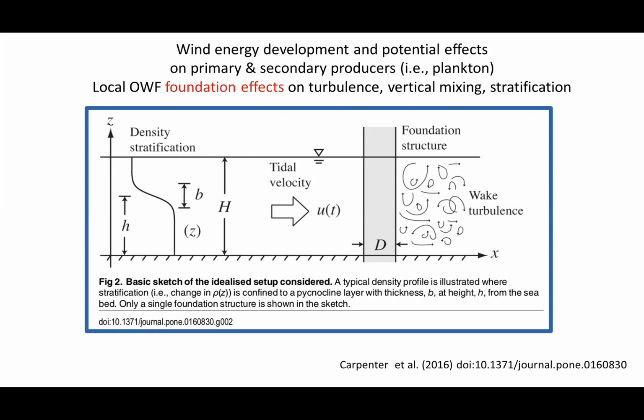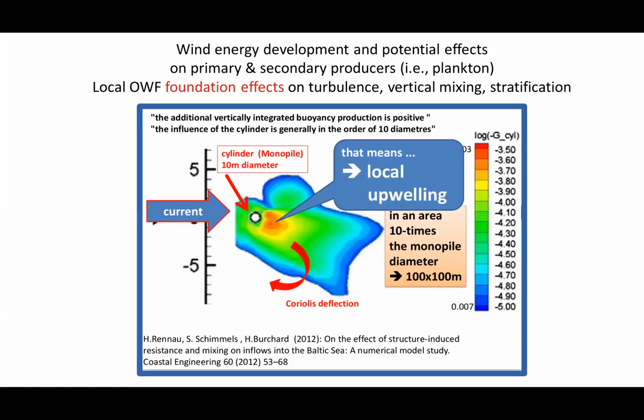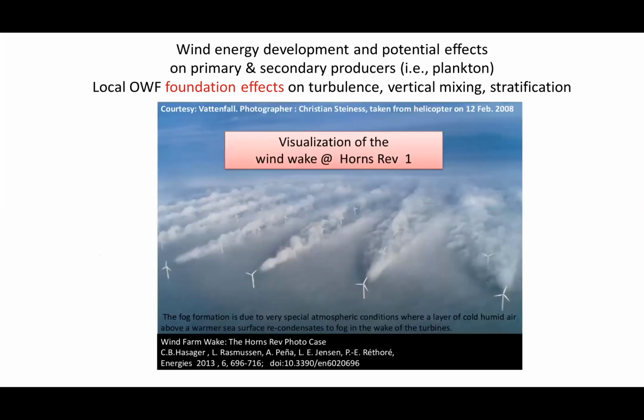If the wind wakes are changing vertical structure and the mixed layer depth, these are important parameters to the development and the way blooms are sustained in the environment. And I thought this is an interesting figure. I don't know if it appeared yesterday or not, but just to see how pervasive these mixing effects can be in a wind farm setting.